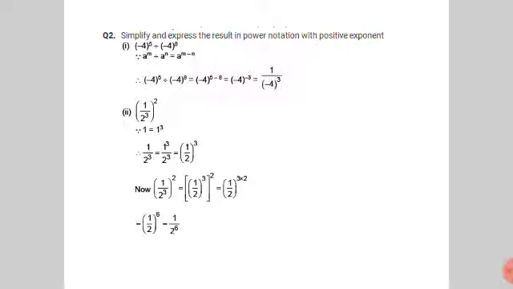So 5 minus 8, subtract 8 minus 5 is 3, and the greater number's sign is minus, so minus 3. (Minus 4) the whole power minus 3.